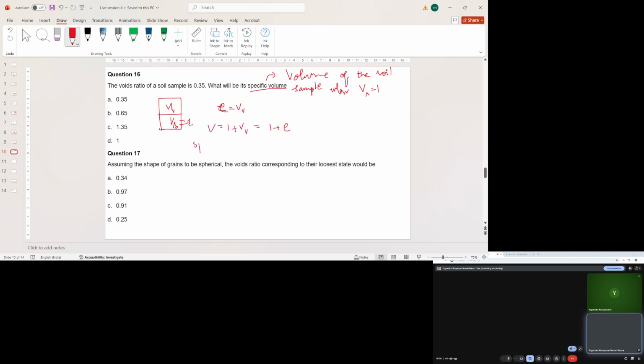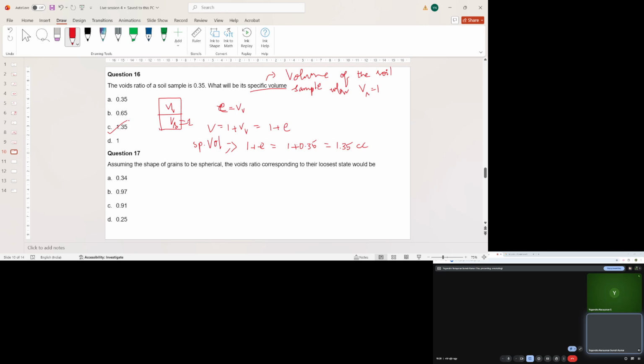So specific volume is 1 plus e. In this case, it's going to be 1 plus 0.35, which is 1.35. So 1 cc of solids and 0.35 cc of voids, total 1.35 cc.